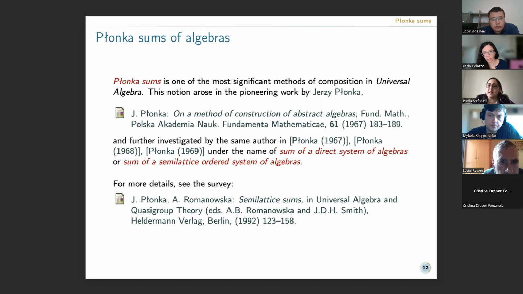It was further investigated by the same author some years later, and at first it appeared under the name of sum of a direct system of algebras or sum of a semilattice ordered system of algebras. More details are contained in the survey I mentioned at the beginning of the presentation, written by Płonka and Romanowska in 1992.